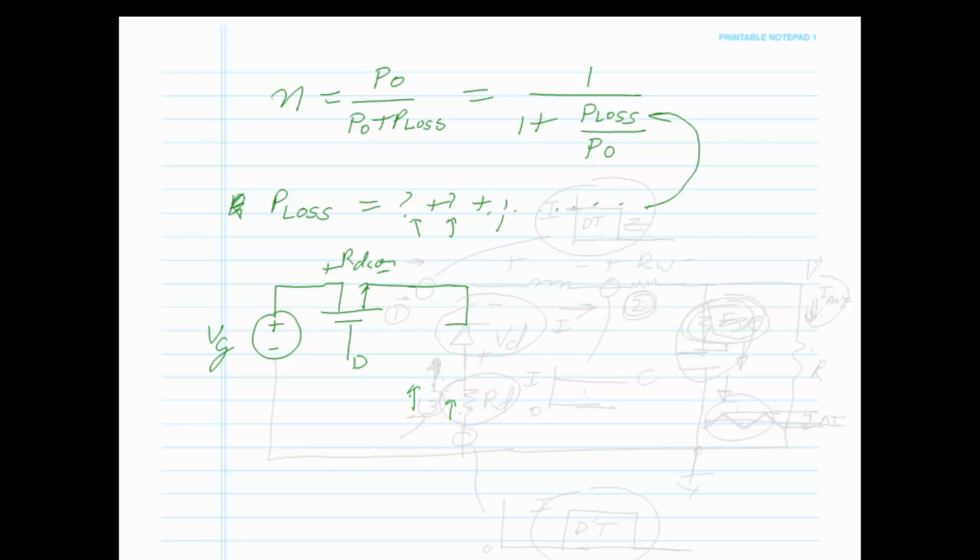I'm going to put the diode, and the resistance of the diode. I'm going to put the inductor and the winding resistance of the inductor. And I'm going to put the ESR of the capacitor. And I'm going to put here a resistor.